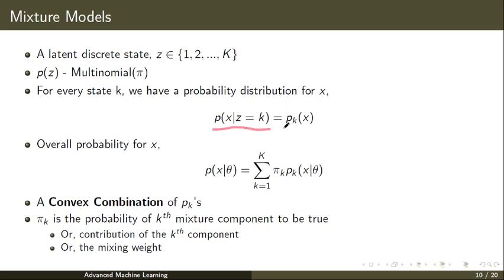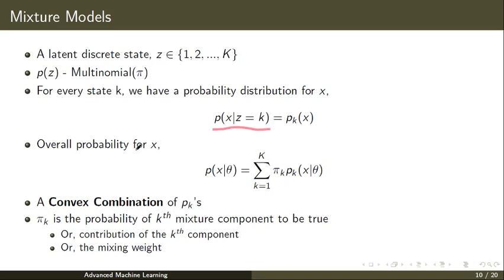For every state k, we can find this probability. So you have a visible variable x. What is the probability of that visible variable given Z equal to 1, given Z equal to 2, and so on? That is the probability distribution for x.